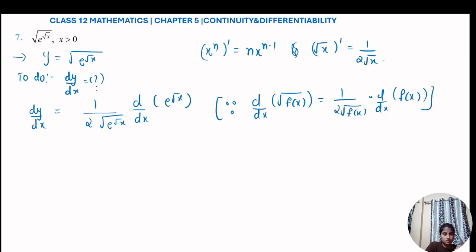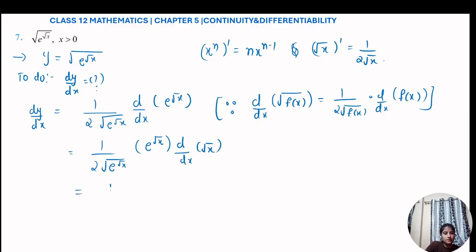Now let's move ahead. This is 2 times root of e to the power root x. Now differentiate it. Here also your argument is root x, not x. We know that the differentiation of e raised to x is e raised to x. So this will be e raised to the argument as it is, then differentiate your argument, that is d by dx of root x.